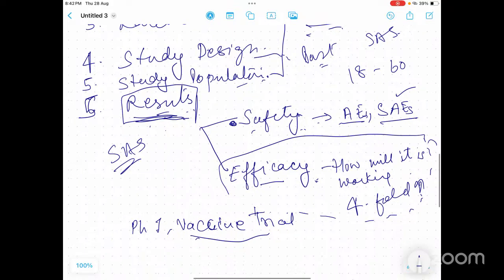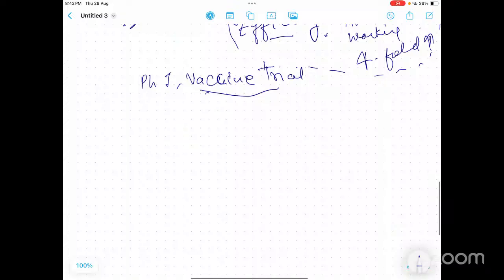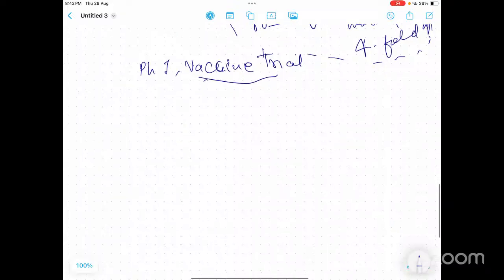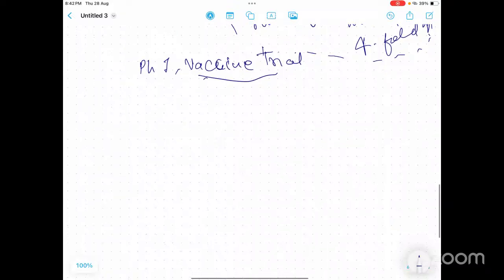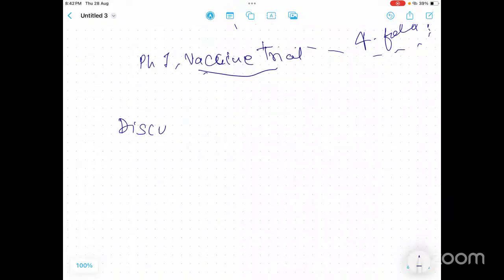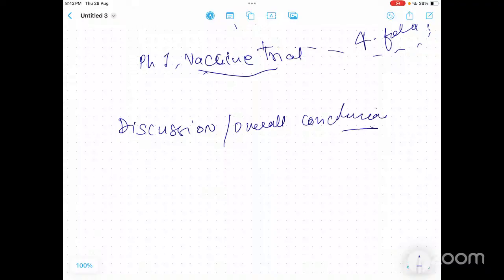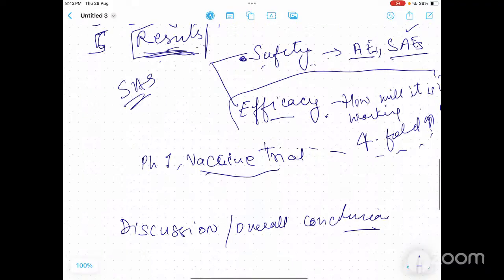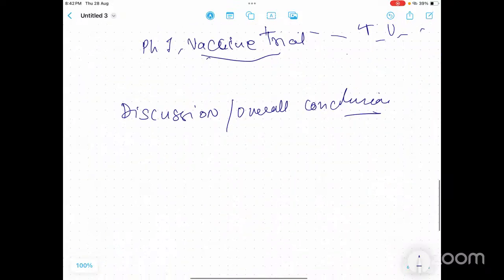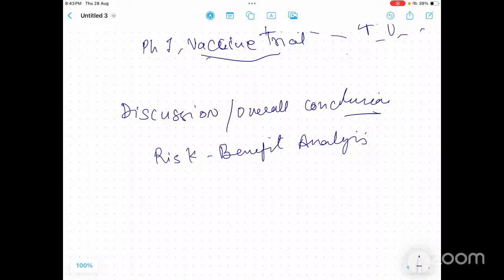Now, moving on, because I am also mindful of time. Next will be discussion. Overall conclusions based on these results. Here they will also be doing the risk benefit analysis based on your safety and efficacy profile.